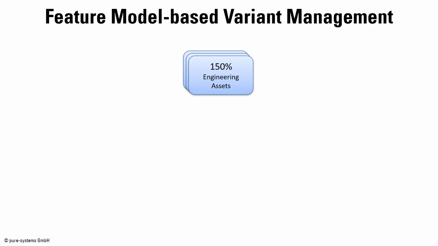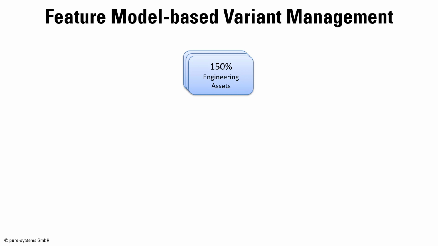So you will have 150% architecture that holds some elements that will be part of all of the different variants or specific architecture, but also some elements that will only be part of certain of these variants.